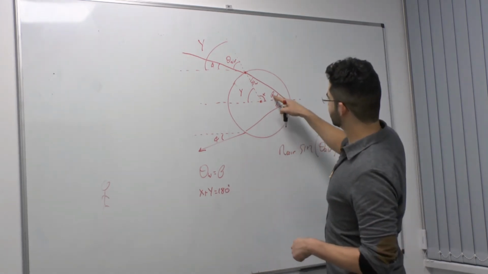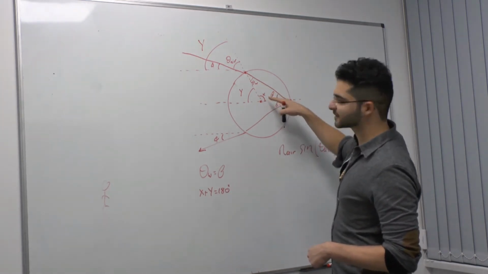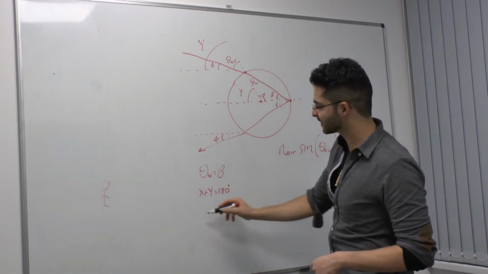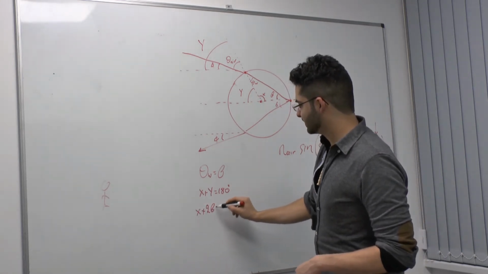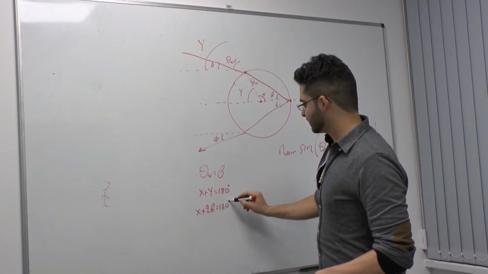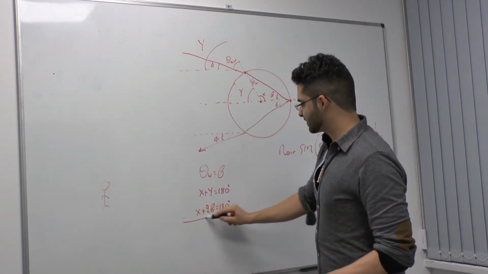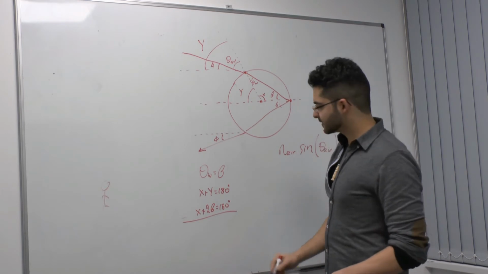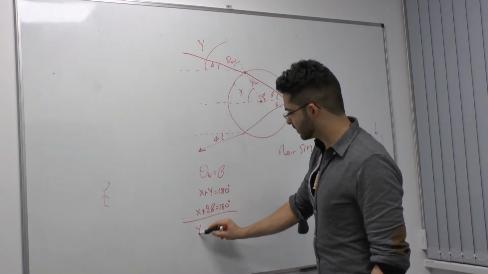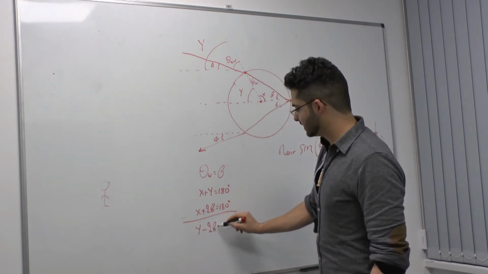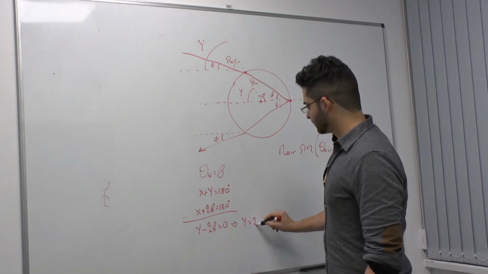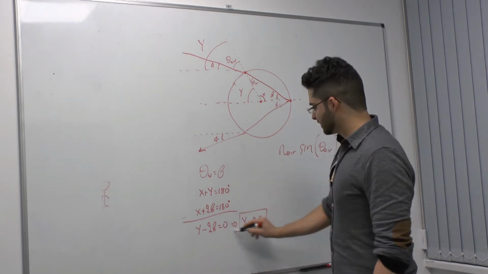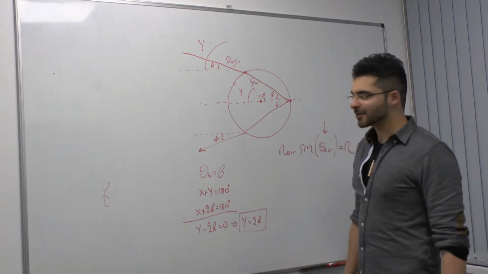So once again, beta plus beta plus x must be equal to 180 degrees, so x plus 2 beta is equal to 180 degrees. Now we can simply take the difference between those two equations and we end up with y minus 2 beta equals 0, or y equals 2 beta. That's another constraint as well.